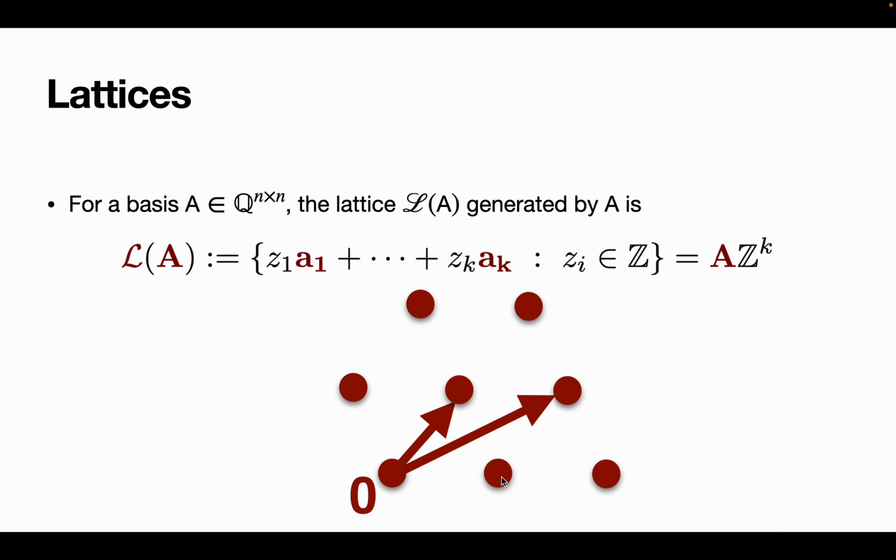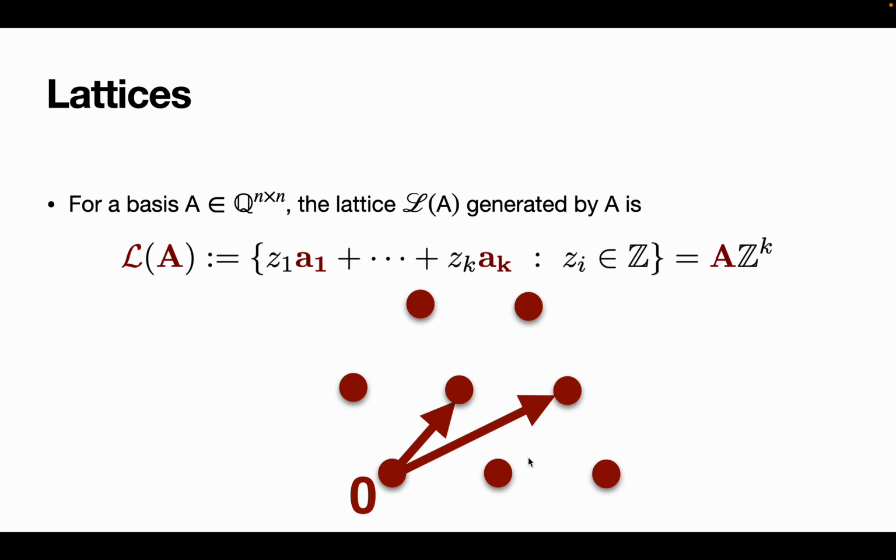So for example, here's a visual representation of a lattice. The red arrows correspond to basis vectors, and the red dots correspond to lattice vectors. We see that every red dot can be written as the integer linear combination of the red arrows, and is therefore a lattice vector. And this lattice should actually extend out all the way to infinity and is periodic.